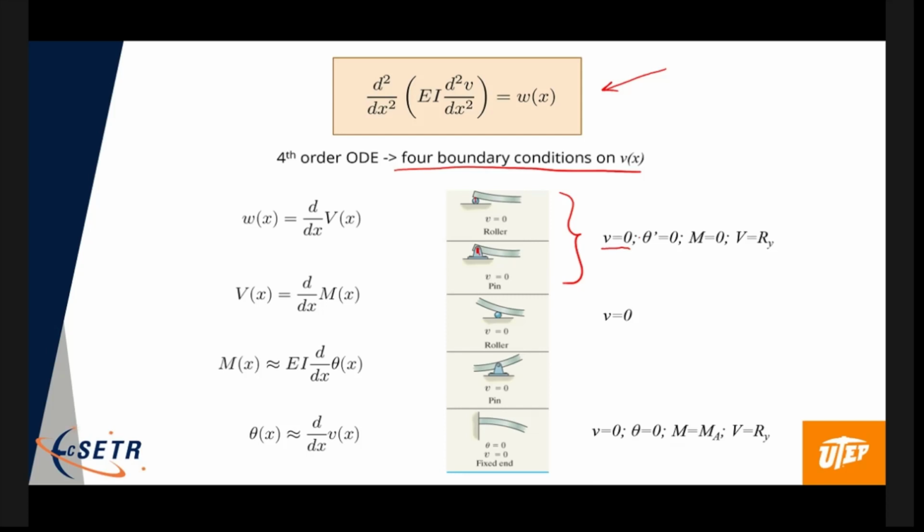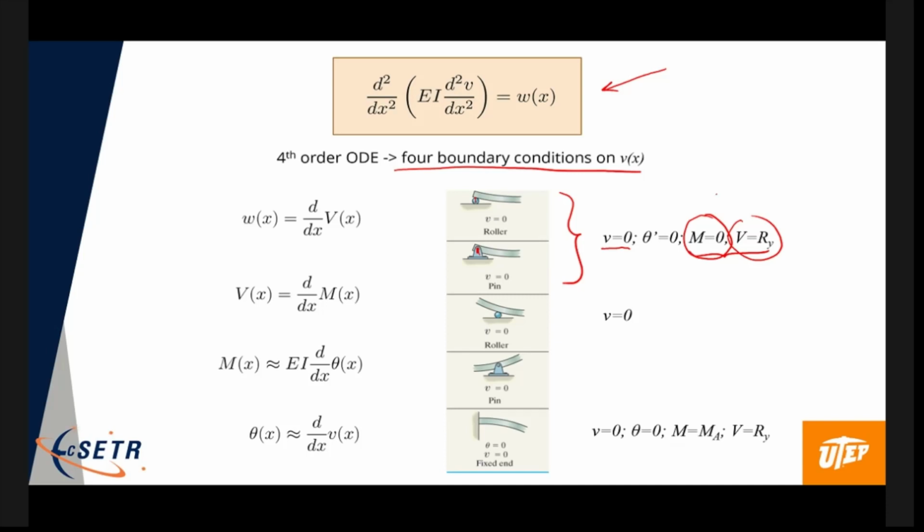Also, because of the shear and the moment diagram, we know the shear at this point has to equal the reaction force, and there is no external moment, nor can the pin or the roller support a moment. So the moment is going to go to 0 at that point, and the shear is going to equal the reaction force through the pin or the roller in the y direction.